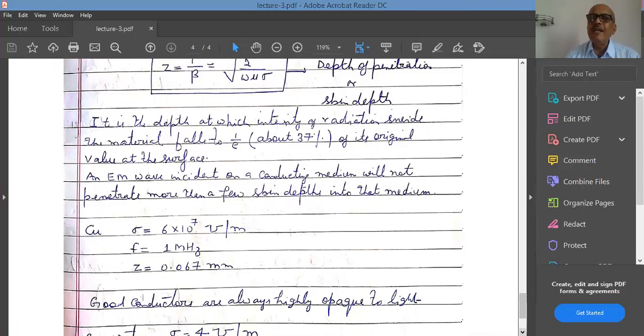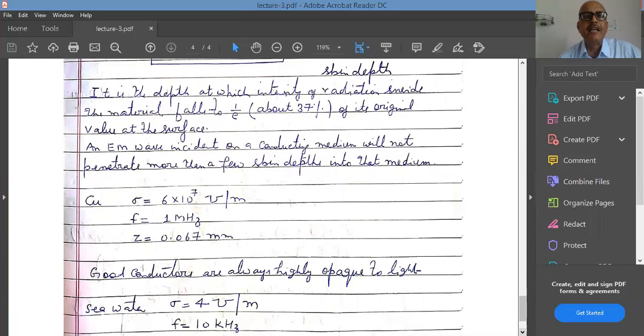You can calculate for visible light from 400 nanometer to 700 nanometer and find the depth of penetration, and you will see that it is very small, and that is the reason why good conductors are highly opaque to light. Light will not pass through it. Its effect is limited to its surface, that is the skin itself.